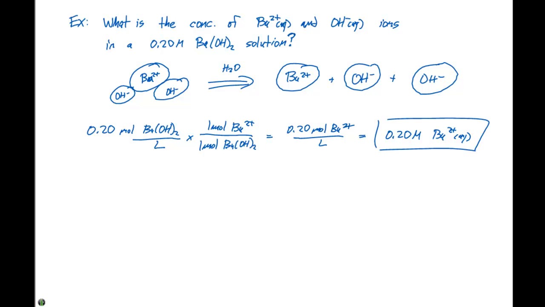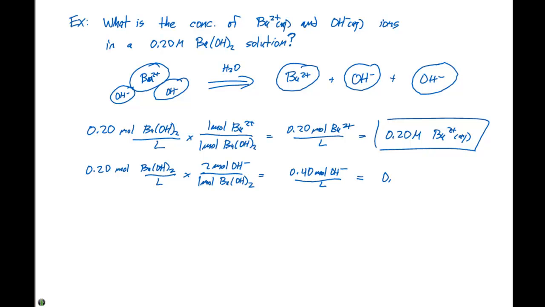This might not look like too much of a difficult calculation, but there's going to be some significance when we look at the hydroxide. If we have 0.20 moles of barium hydroxide per liter, for every 1 mole of barium hydroxide there are 2 moles of OH minus. So this gives us 0.40 moles of OH minus per liter of solution.